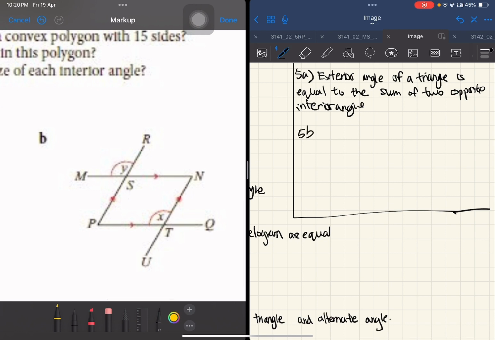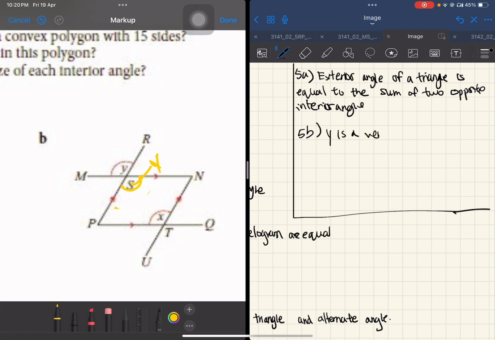Why does x equal y? So let's look at the full picture. If you look at the place here, you will notice that y is a vertically opposite angle, so it means that the angle here is also equal to y. And as we learned just now, opposite angles in a parallelogram are equal, so y equals x.